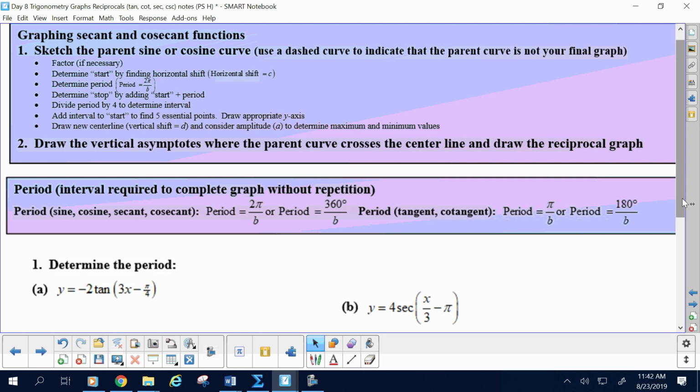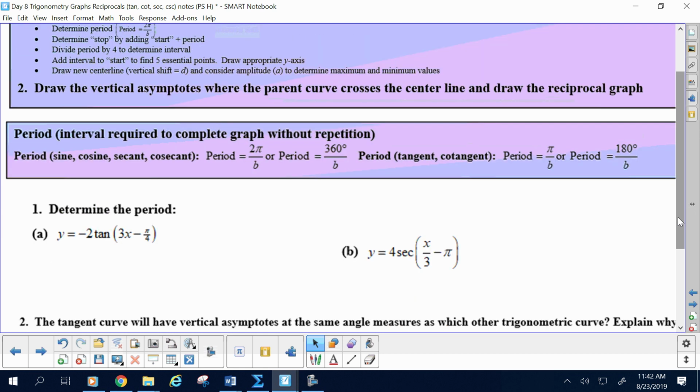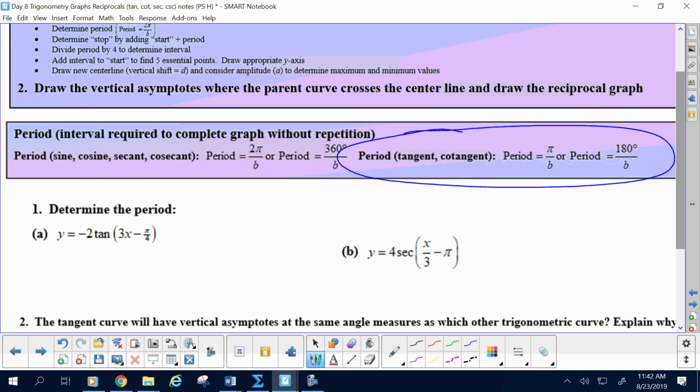We talked a second ago about how the normal period of tangent is pi. So in tangent, if you change the period, it's not like sine or cosine where we do 2 pi divided by the coefficient. For tangent, it's pi over the coefficient.